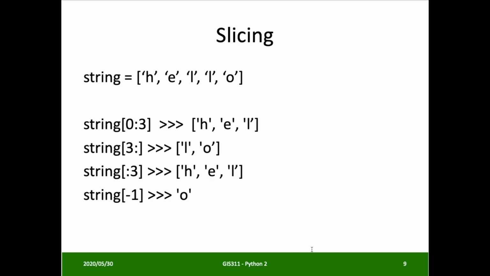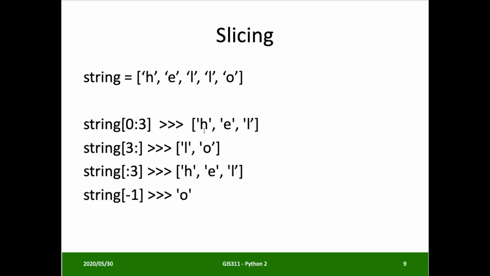Okay, so slicing. I spoke a little bit about slicing last week. Basically we have the string, which was converted into a list in this case, called string. We want to get the values from 0 to 3. Here you have the colon that tells us from this position to this position.